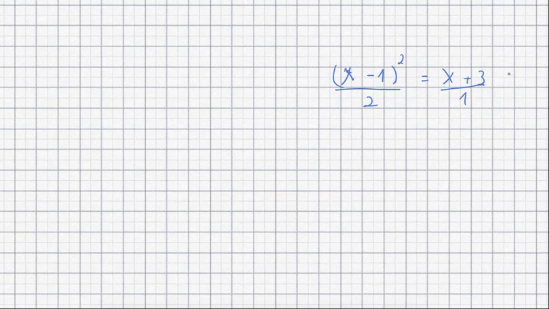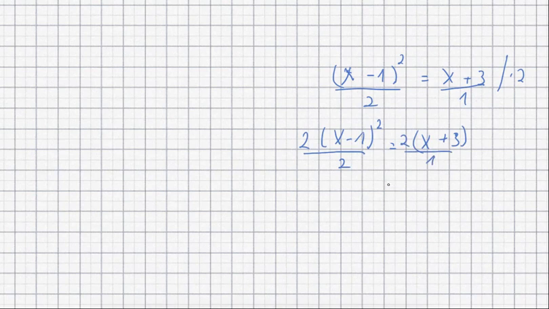So, you want to find a common factor, maybe? A common denominator. What's the common denominator here? A 2. So you just multiply everything by 2. And then you have 2 times x minus 1 squared divided by 2 equals... You ask yourself what can be divided by 2 and what can be divided by 1.